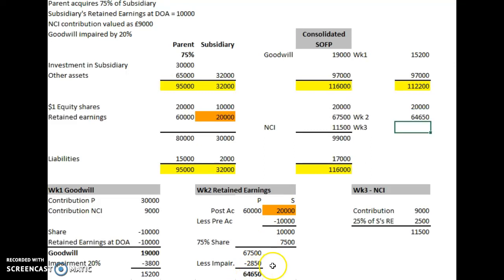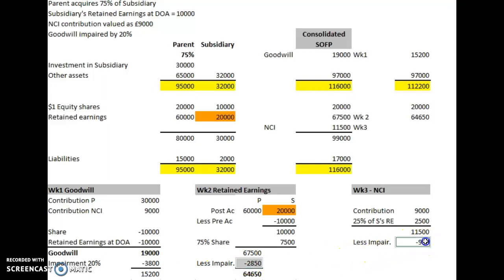So the other impairment is going to be on the NCI side. We need to take their proportion of the impairment. This is 25%, plus the same impairment, 3,800 times 0.25 is £950 off.